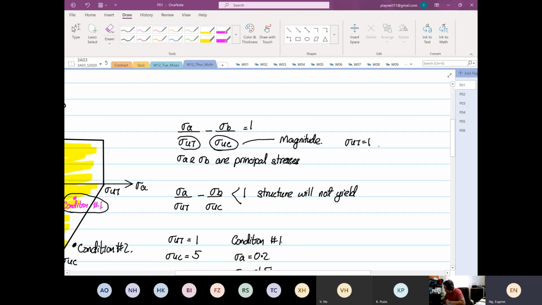I know compression is usually associated with a negative sign, but do not include the negative sign. Just put in the magnitude 5. Whereas stress A and stress B over here are both vectors. So you have to consider their magnitude plus direction. If it's minus, you have to include the minus. If it's plus, you have to include the plus. So that's the thing to watch for when using Mohr's criteria.